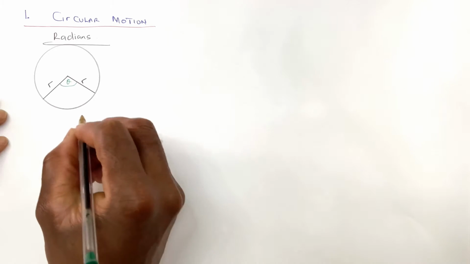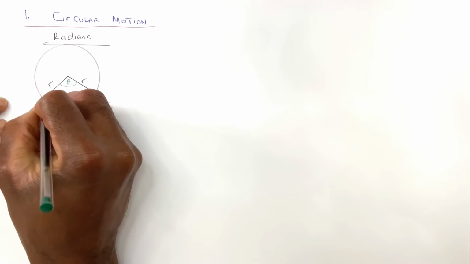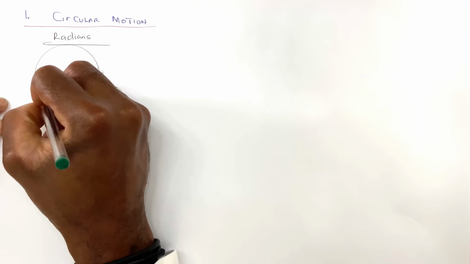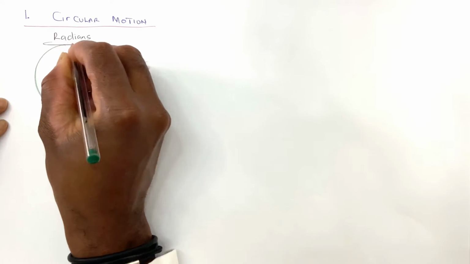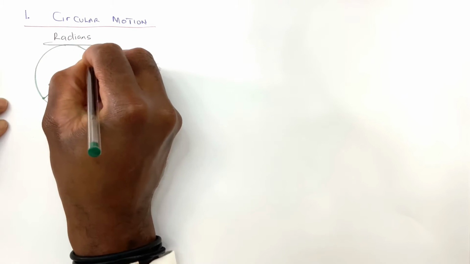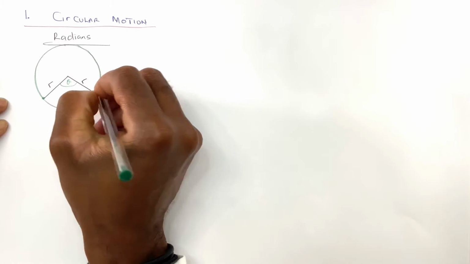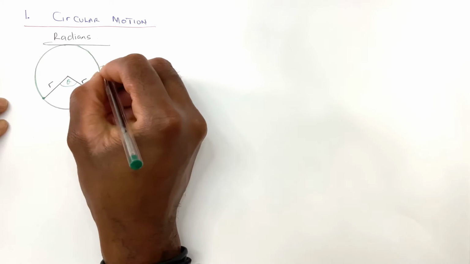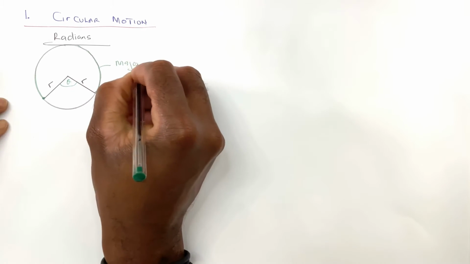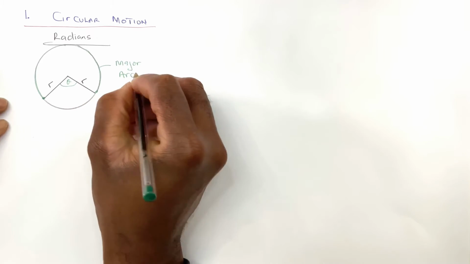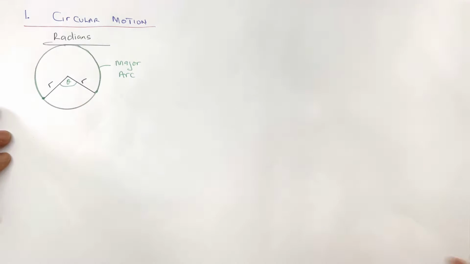So I would say if I go from the green part here, from this part all the way around the other way, if I go like that, that's a major arc length.